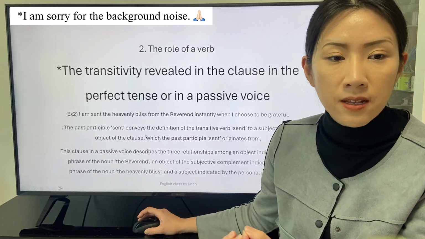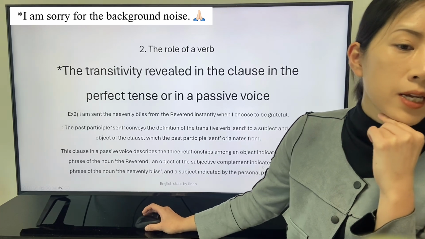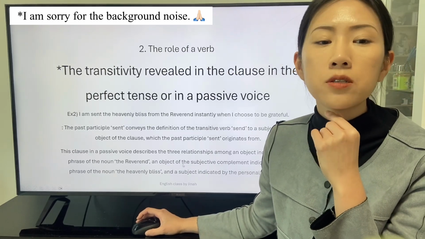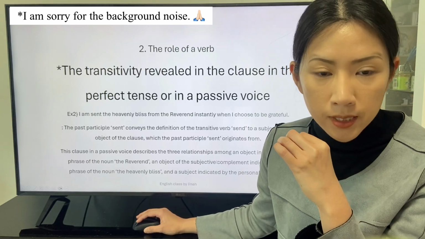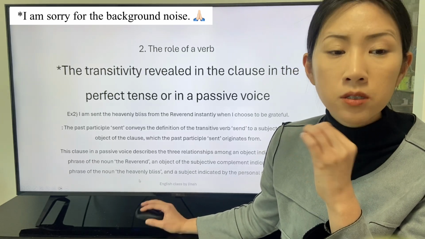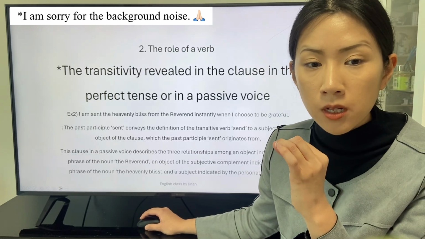This clause in a passive voice describes the 3 relationships among an object indicated by the phrase of the noun, the referent, an object of the subjective complement indicated by the phrase of the noun, the heavenly place, and a subject indicated by the personal pronoun I.